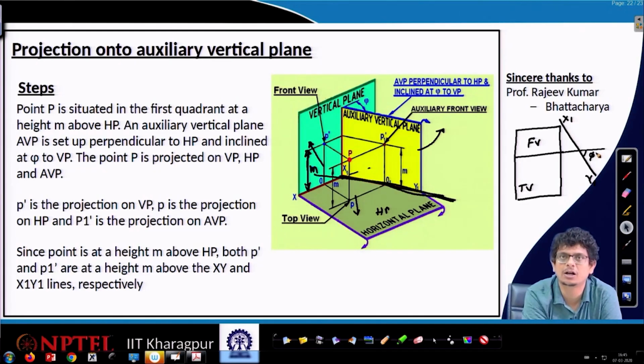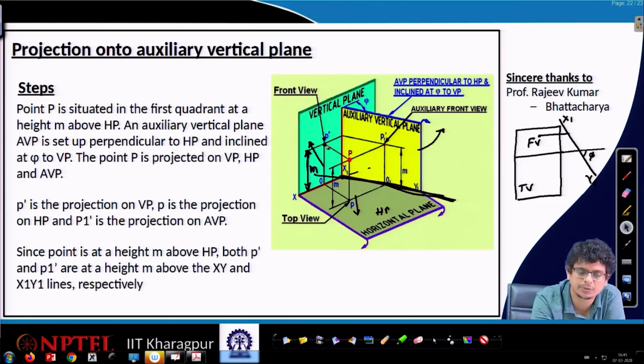We draw this auxiliary plane x1 y1, and project this point information from here all the way. If we are projecting this point P prime, it projects there and goes all the way there. Similarly, this point P comes there, all the way to that point.